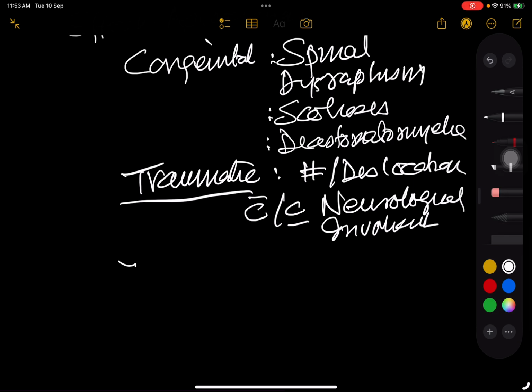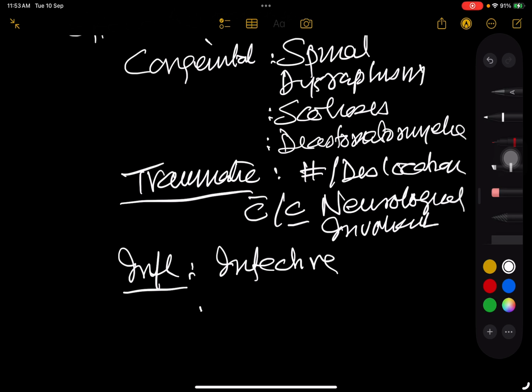Then there can be inflammatory, and inflammatory can be infective or immune. Immune is ankylosing spondylitis, infective is basically tuberculosis.